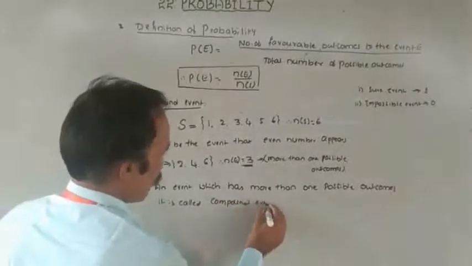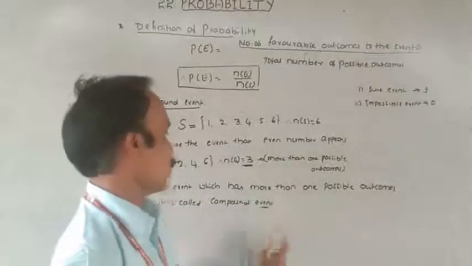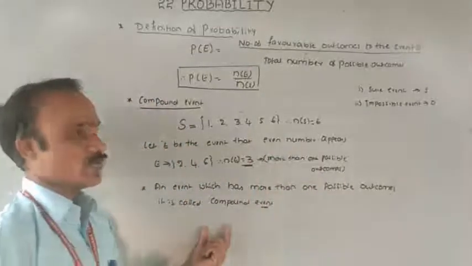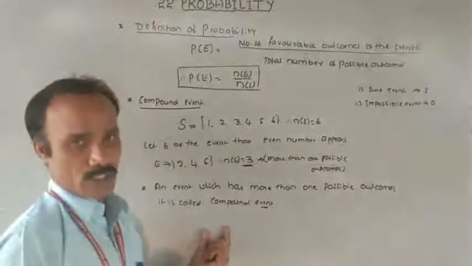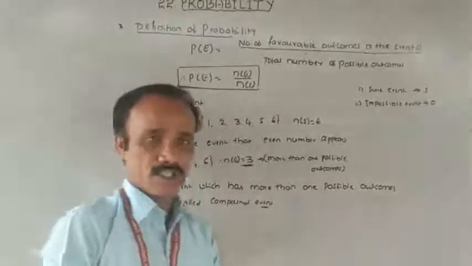An event which has only one possible outcome is called an elementary event. More than one possible outcome is called a compound event. Okay? So the remaining part we will discuss next period.